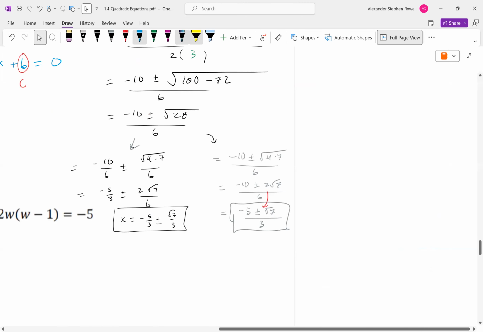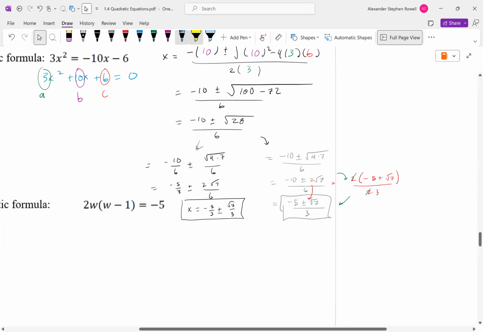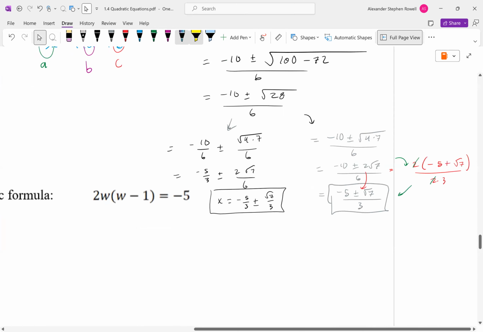So we're actually doing an in-between step where we're writing it as 2 times negative 10... no, negative 5 plus or minus square root 7 over 6 is 2 times 3. And we're reducing 2 divided by 2. So I'm just pointing that out as a common mistake that happens.